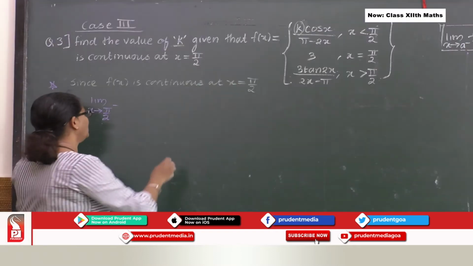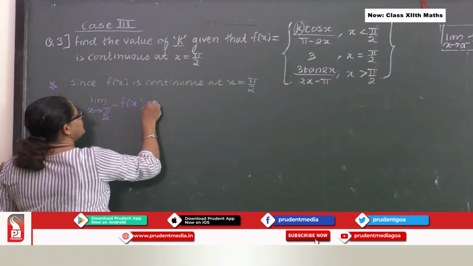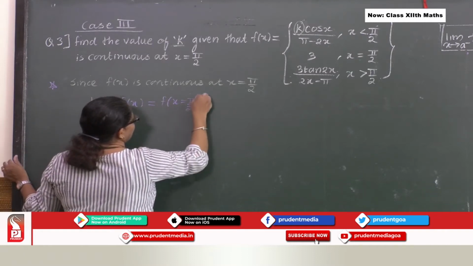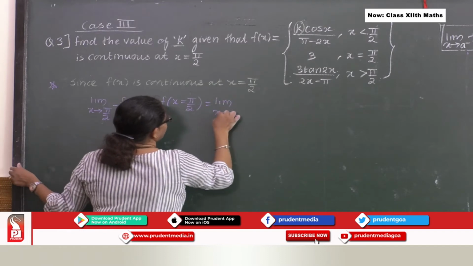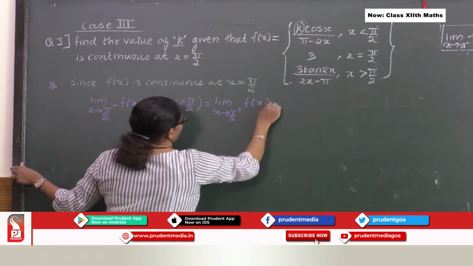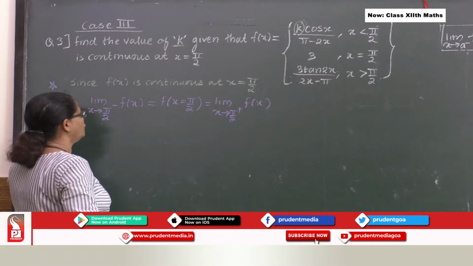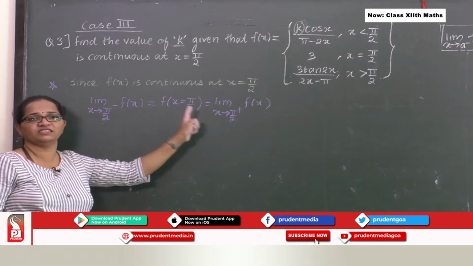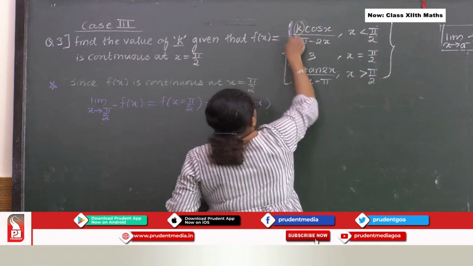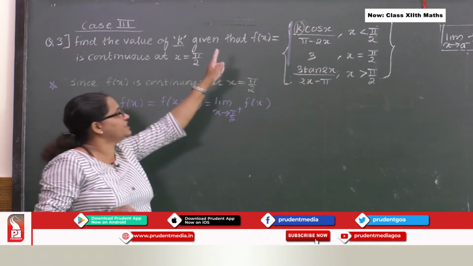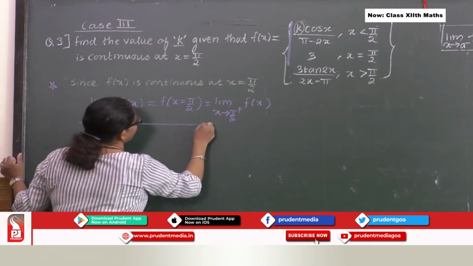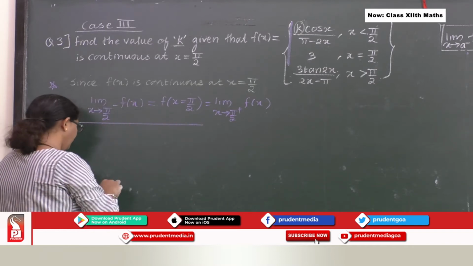Now while writing, see that you write your definition correctly. Limit x tends to pi by 2 plus f of x. So this equality is true. But what we will be doing is taking just these two cases only and proceeding further.